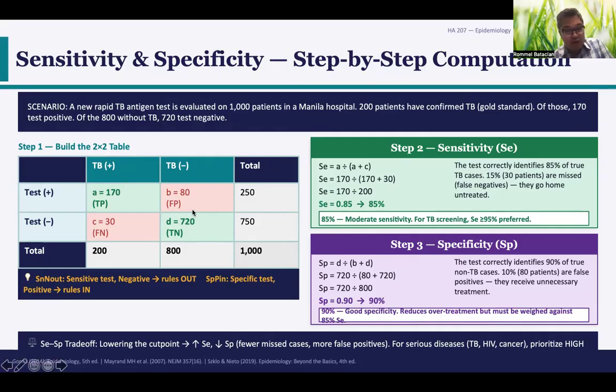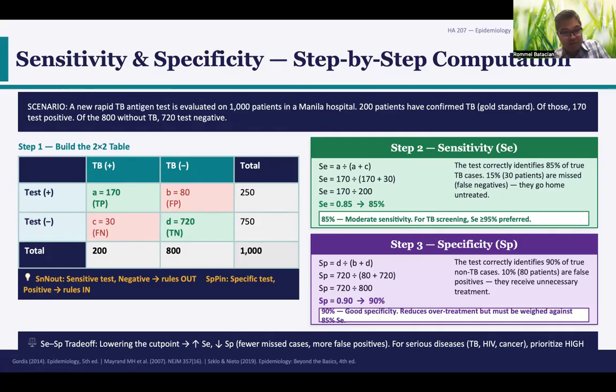Meanwhile, this one, they tested positive for the rapid TB antigen test, but TB is not detected on the gold standard. This slot, meanwhile, is those who were detected with TB using the gold standard, but it wasn't replicated in the diagnostic tool of interest.